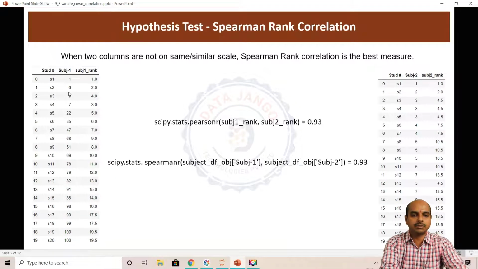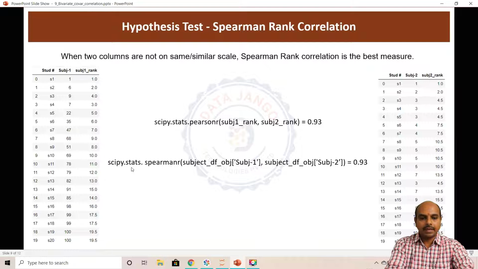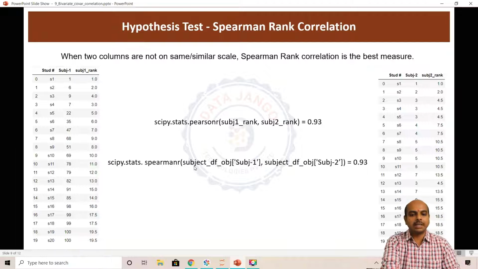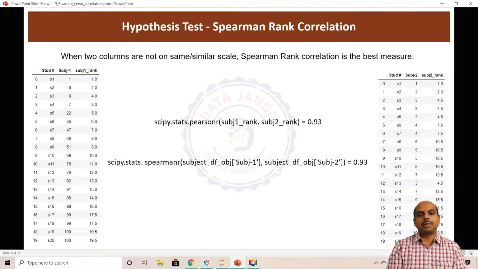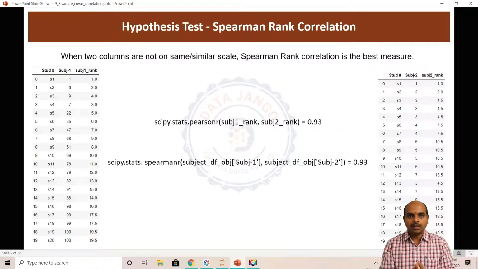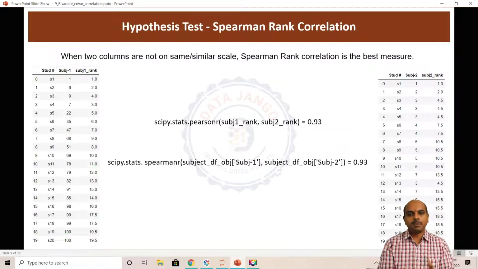Subject 1, subject 2, and then rank for subject 1, rank for subject 2, and then calculated Pearson R. We have got 0.93. Directly we have used the SciPy stats module and passed subject 1 and subject 2. Then also we have got the same value. Internally, Spearman R is calculating the ranks and then calculating the Pearson correlation coefficient. That's about the hypothesis way of calculating the correlation coefficient and the importance of p-value and Spearman R. Thank you.